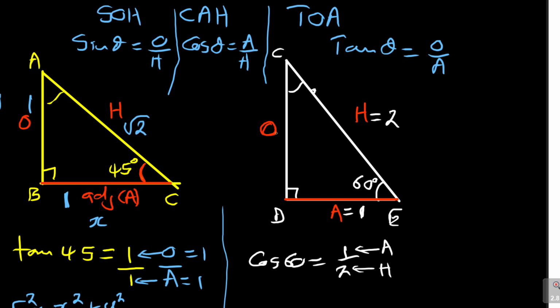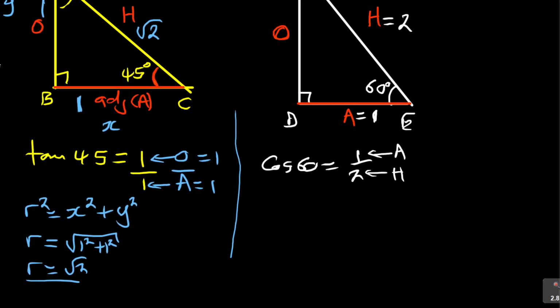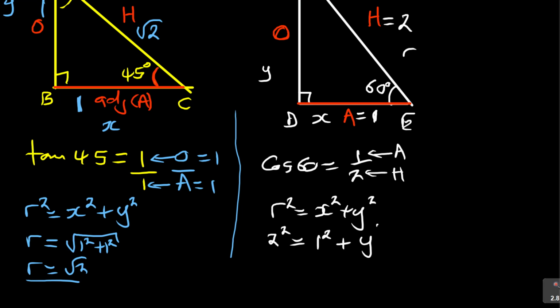Then it's our duty to find the opposite side. Are you seeing that? So how do you find the opposite again? Trigonometry, which says R squared is X squared plus Y squared. So in which here is your X, is your Y, is my R. So my R is 2 squared is equal to X squared, which is 1 squared plus Y squared.